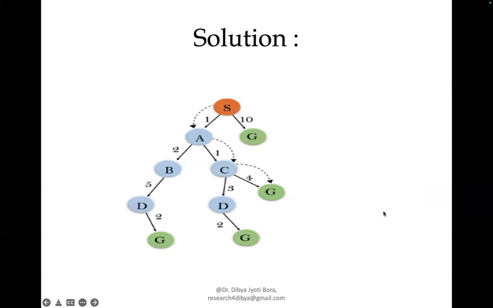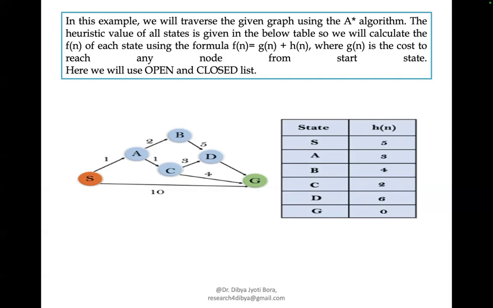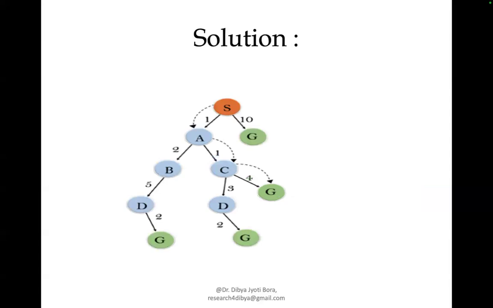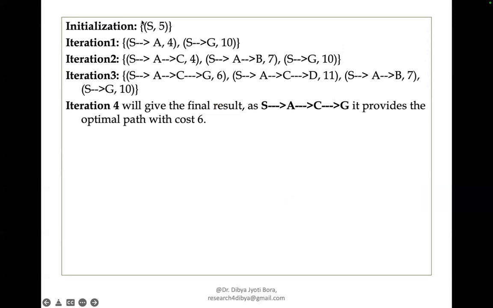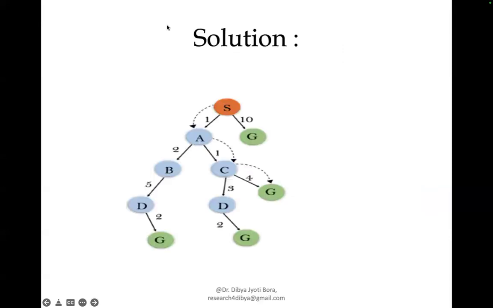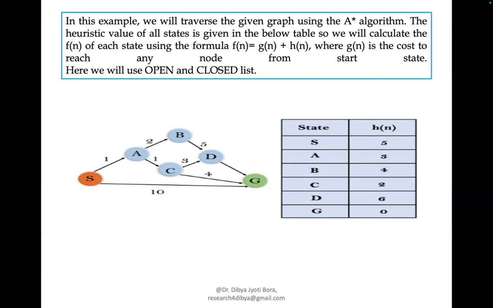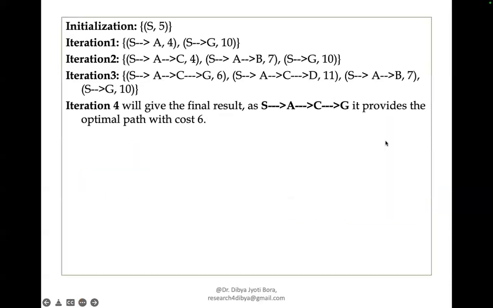You can do it on your own, but बहुत सिंपल है, जैसे बेस्ट फर्स्ट सर्च किया था ऐसे ही. बात यहाँ पे आपको दो वैल्यू कैलकुलेट करना पड़ेगा, gn एंड hn. gn प्लस hn करके fn का वैल्यू कैलकुलेट करना पड़ेगा. इसका सॉल्यूशन कुछ इस टाइप का होगा. ठीक है? इनिशियलाइजेशन हमने किया S 5, ऑब्वियसली स्टार्टिंग से हमने इनिशियलाइज किया, राइट? और इसका hn वैल्यू दिया हुआ है 5. देन इटरेशन: S goes to A 4, S goes to Z 10.